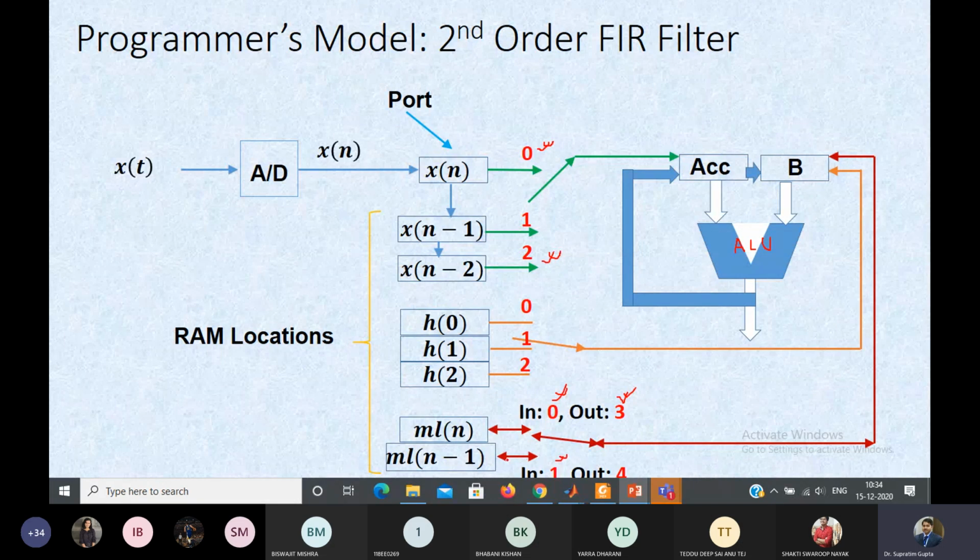Then we can go for the next addition, where the result is again in the accumulator, and we use mln minus 1 and add it. Finally we get the result in B, and that should be moved to the accumulator. Because we learned that with fixed point representation our result will be a 16-bit result, we just move it to the accumulator from B, because B is the MSB, the significant one.